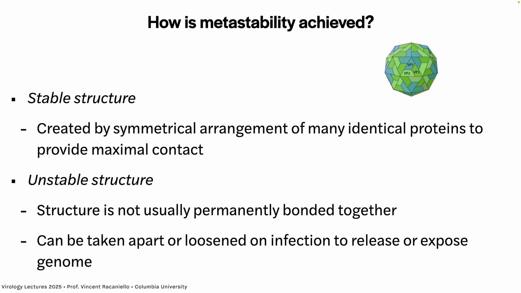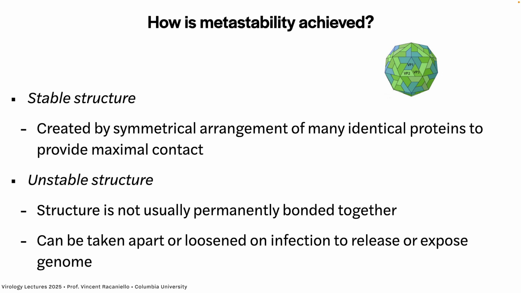Now, how do you get metastability? This may seem like an impossible task, right? But not really. The stable structure, as we'll see in a few moments, is made by taking many identical proteins. To make a virus particle, you take many identical proteins and repeat them, and that gives you a symmetrical arrangement of proteins and maximum contact between them.